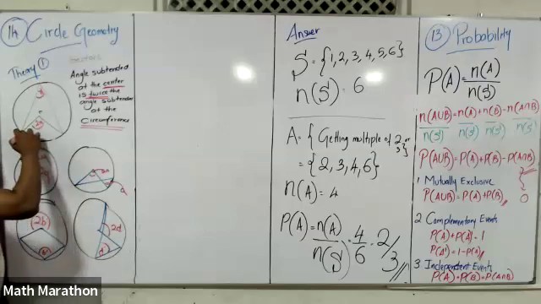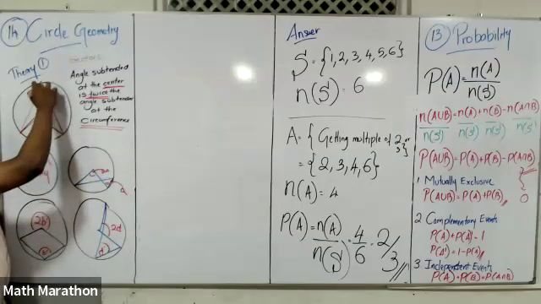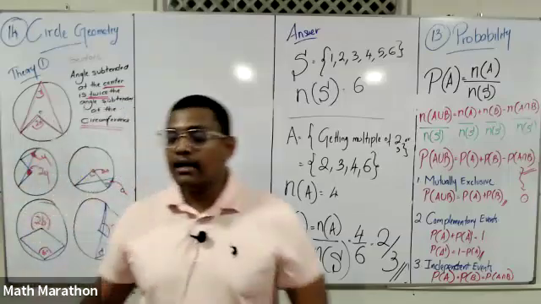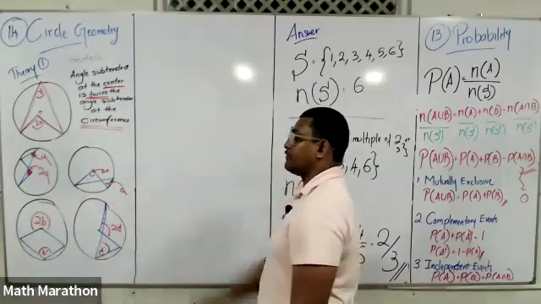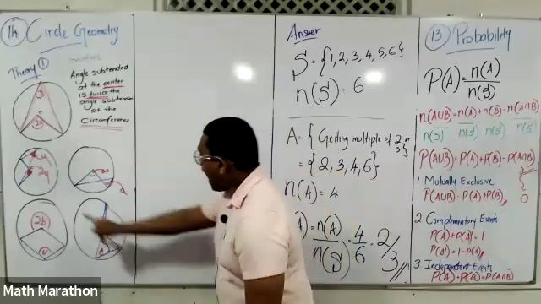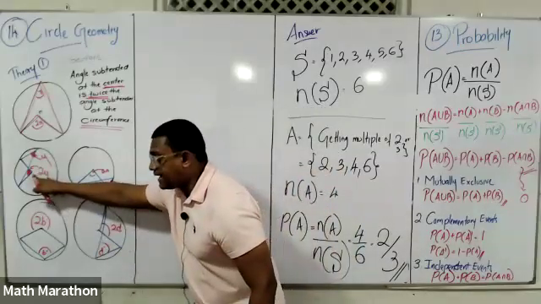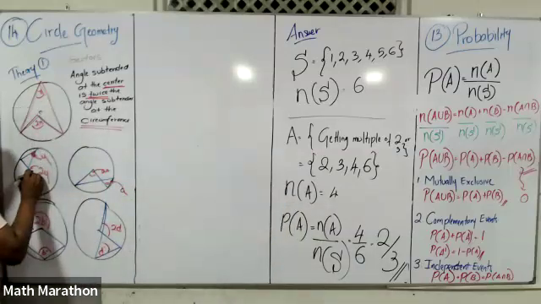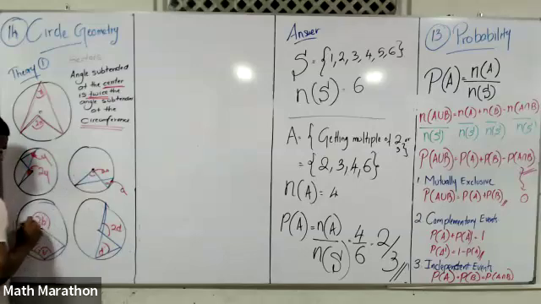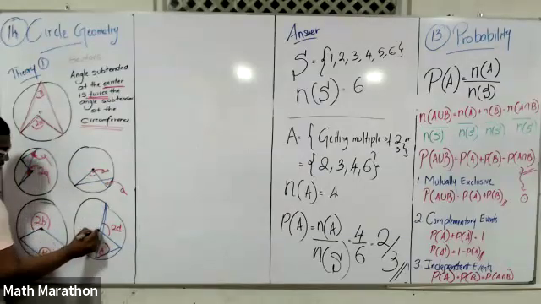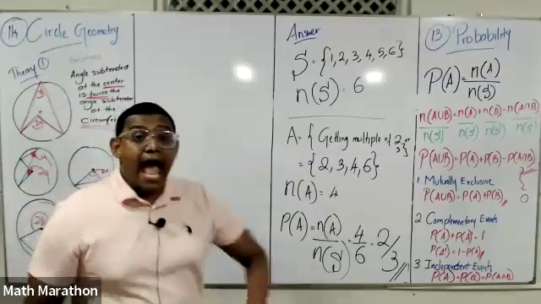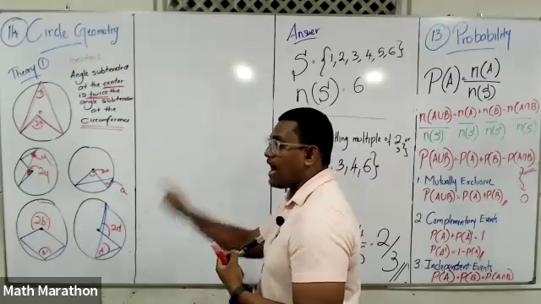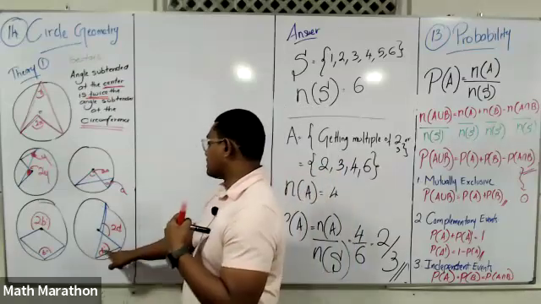This will not only take this shape, it can take any shape as long as the theory is fulfilled. What is the theory? Angle subtended at the center. All these are centers. Angle subtended at the center is twice the angle subtended at the circumference.